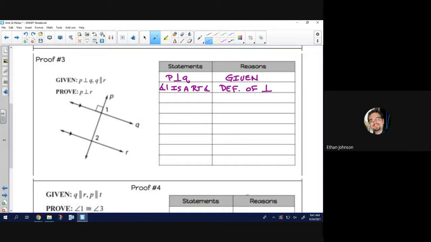Now, do we have a vocab word still? Yes, we do. Our vocab word is now a right angle. Now, right angle we know means that it's equal to 90 degrees. So measure angle 1 has to equal 90, because that is the definition of a right angle.